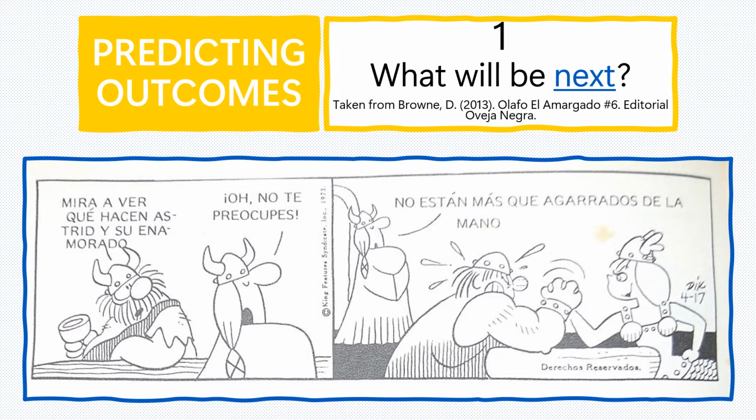But if you don't know who Olafo is, who Dick Brown is, who Helga is, who Astrid is, the predicting of outcomes will not come.